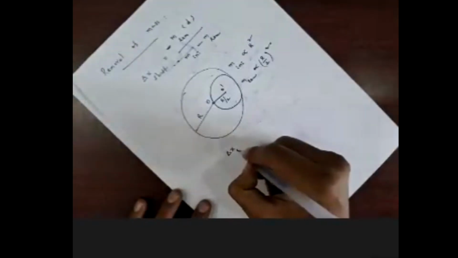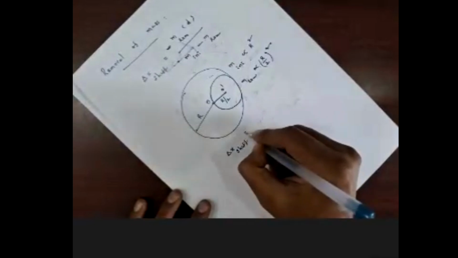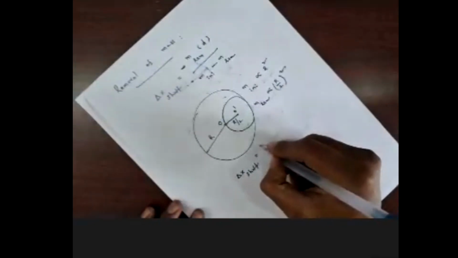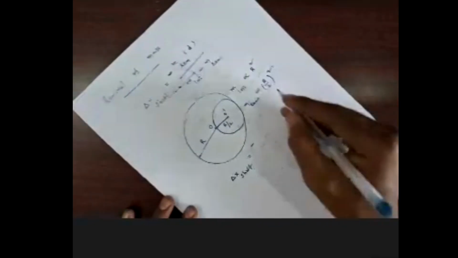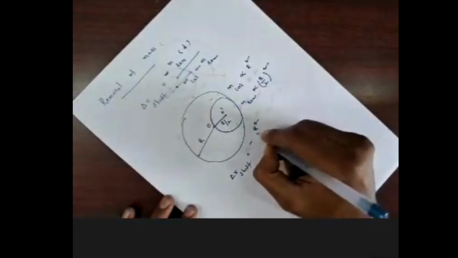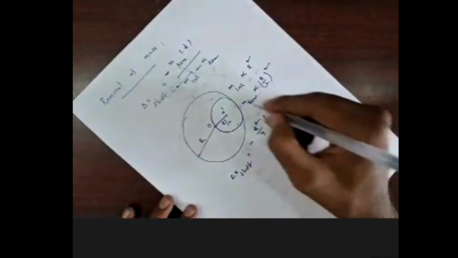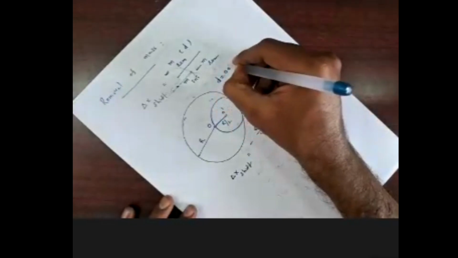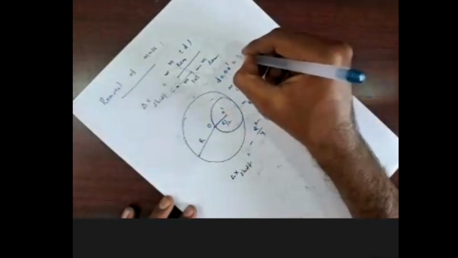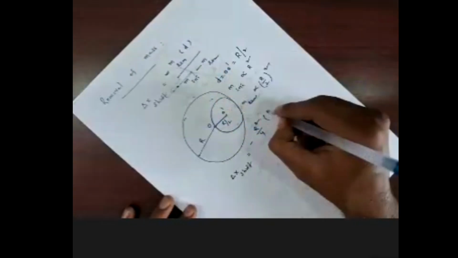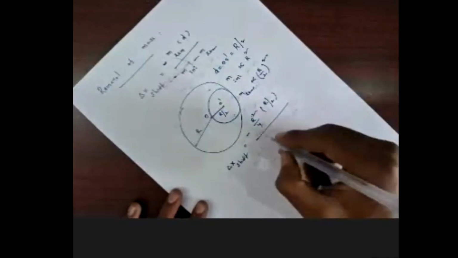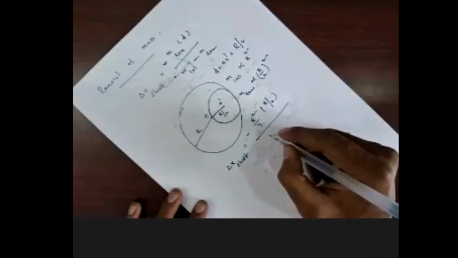Now apply the formula. Delta x shift is equal to minus M removed. What's the value? (R by 2) whole square, r square by 4. The distance between the two center of masses, O O dash, is r by 2, divided by M initial. What is M initial?